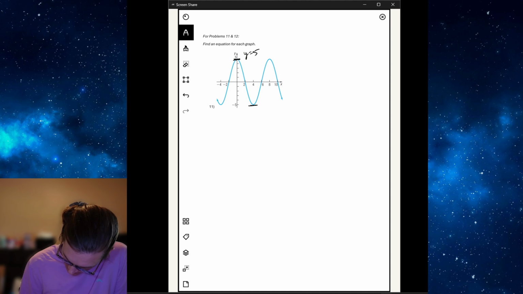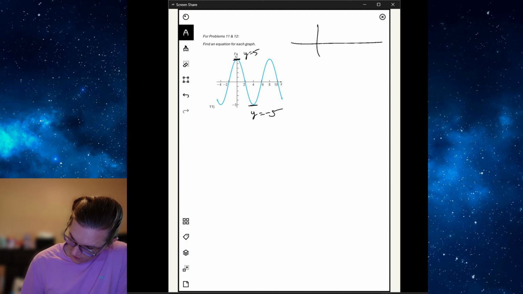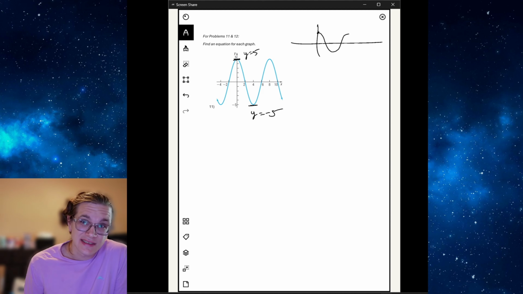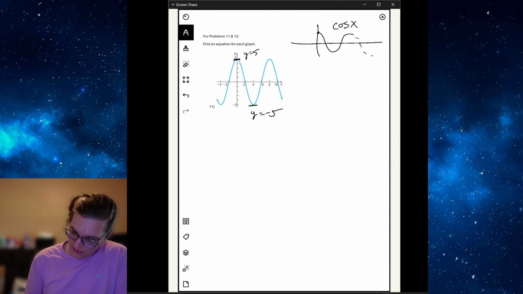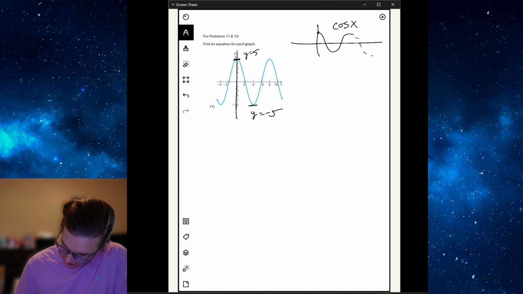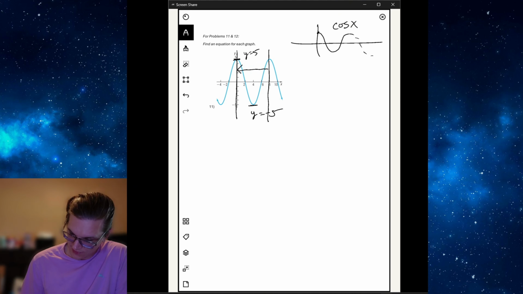The bottom of the graph is occurring at y equals minus 5. It begins like this, which tells me it's a cosine, or a shifted sine, but I'm just going to assume it's a cosine.